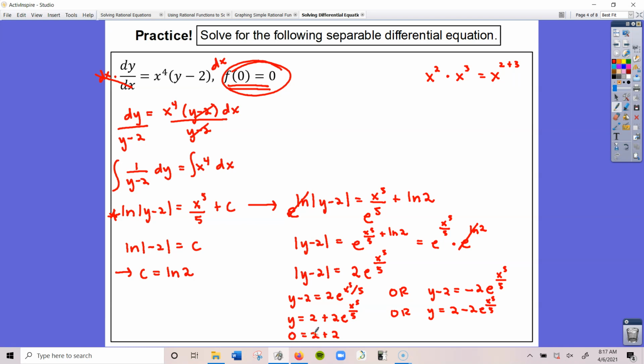Now 0 does not equal 2 plus 2, so it's not this version. That means that it must be this one. So let's see what happens if we plug it in. We get 0 is equal to 2 minus 2 e raised to the 0, which is just 1. 0 does equal 2 minus 2. Therefore, it is this solution.